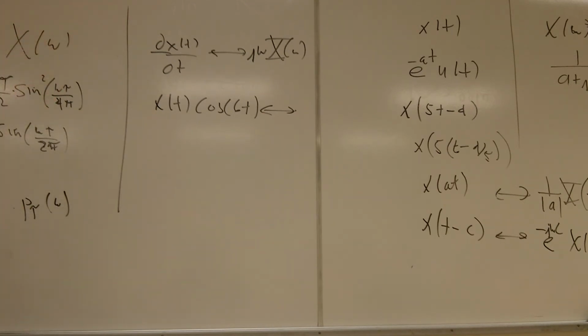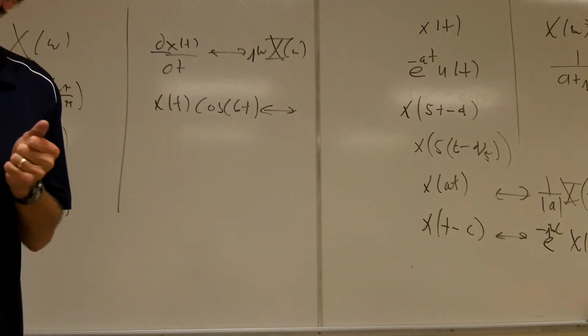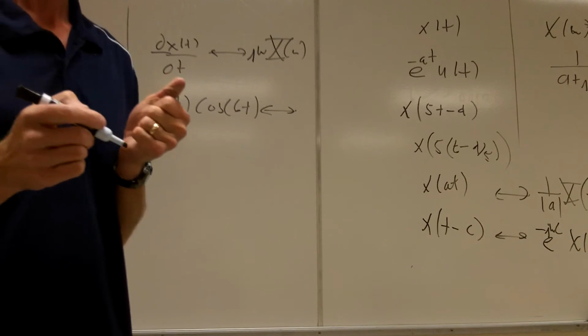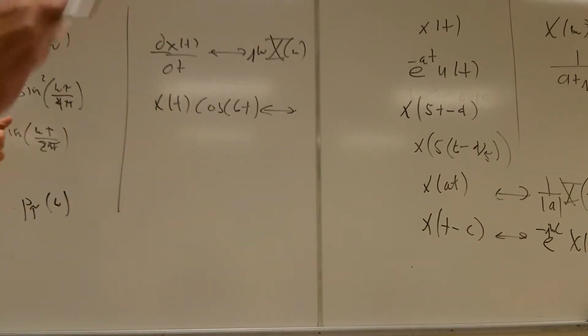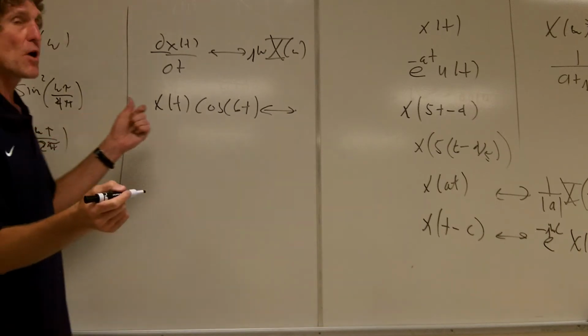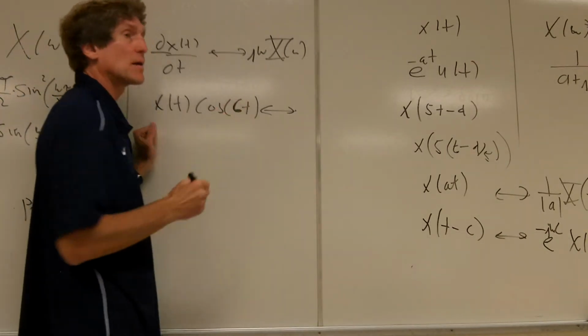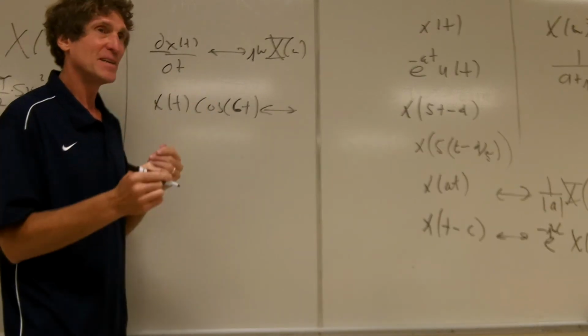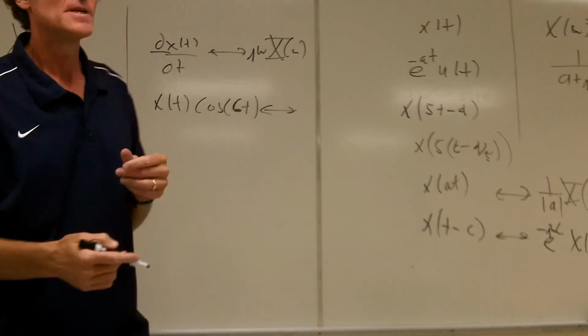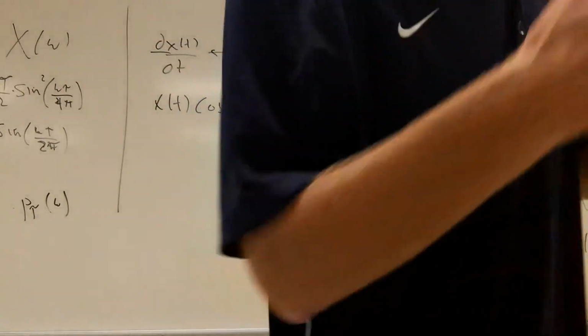Somebody else besides the usual suspects, tell me what that is. What property are we invoking here? Think about the ones I scream about. Multiply on cosine. It's modulation. Yeah, modulation.